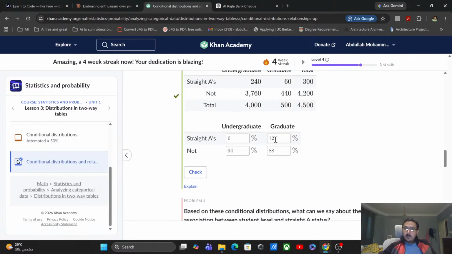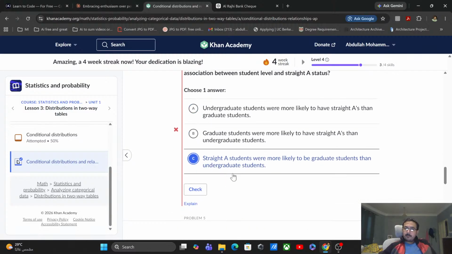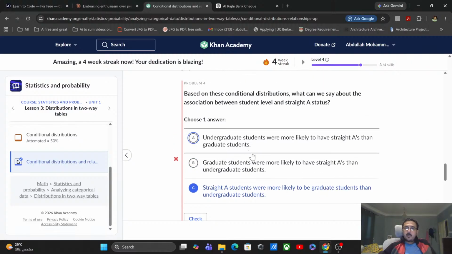Straight A, graduate, 12, 6. It's correct. Students were more likely to have straight A. This is not true. Students were more likely to have straight A than graduate students. Wrong.